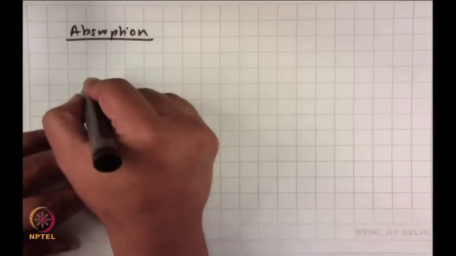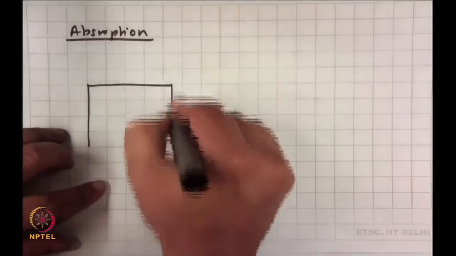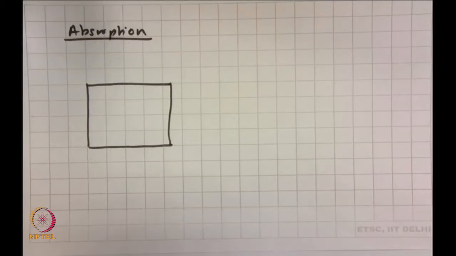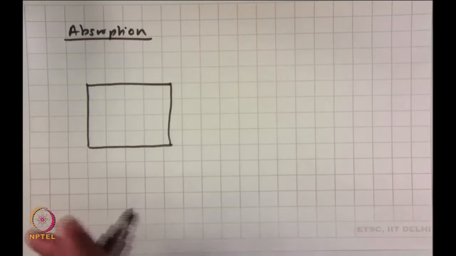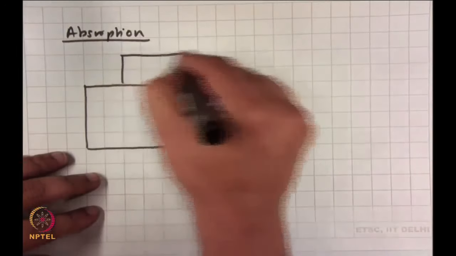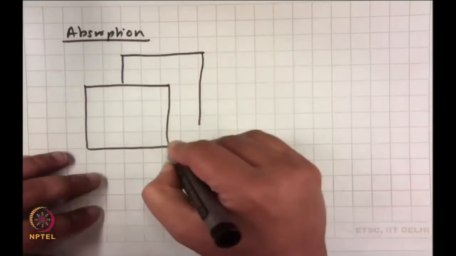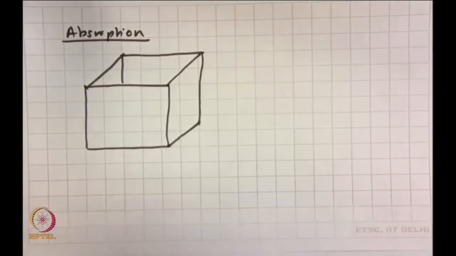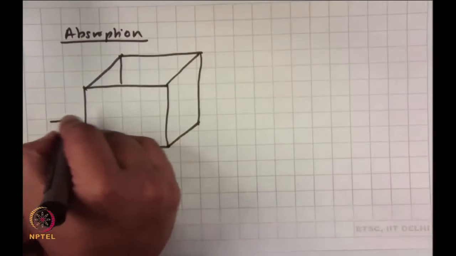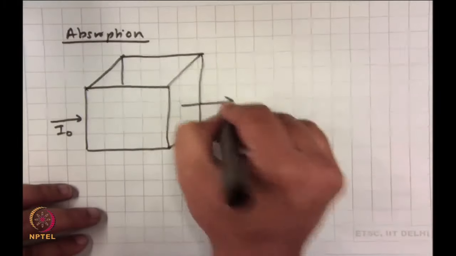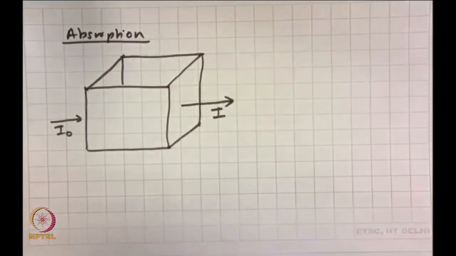So, what I do is I have a section of my solvent, that means my sample which has the absorbing molecule in a solvent, okay. And what I do is I take a section like this and I say that the incident light on this is I 0, having the intensity I 0, and the light that is coming out or transmitted is say I. Okay.